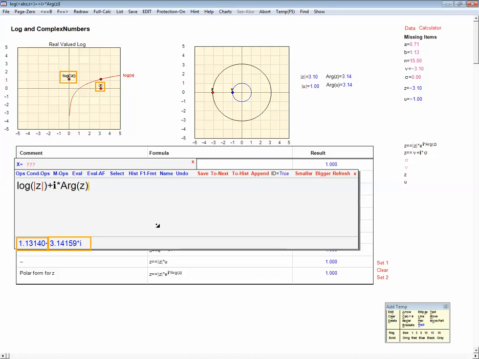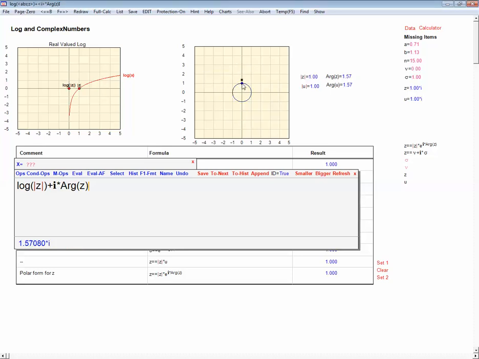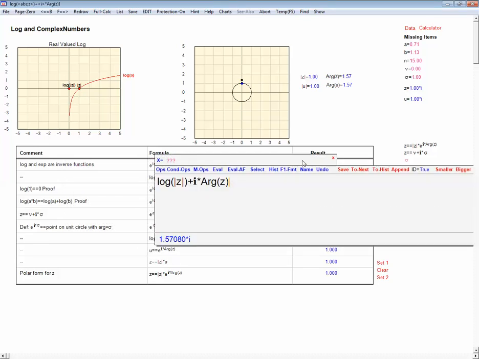Now, what about if I choose a z right on the unit circle? Let me choose i right there. If I choose that as my z, then what I get is purely imaginary in this case. Well, that of course is obvious since I chose i as my point. So let me choose one over here. Alright, so here's one that's close to being on the unit circle.